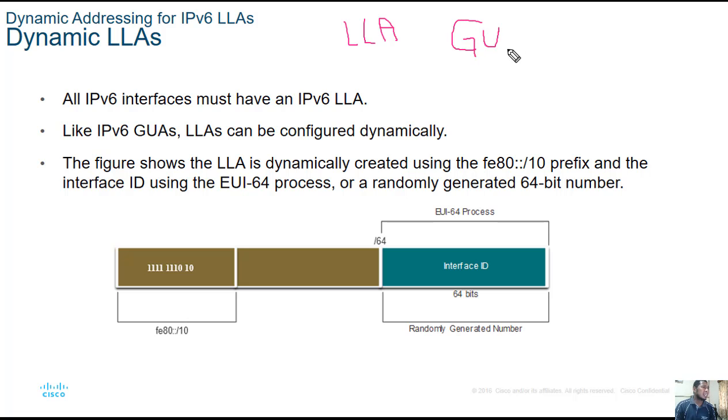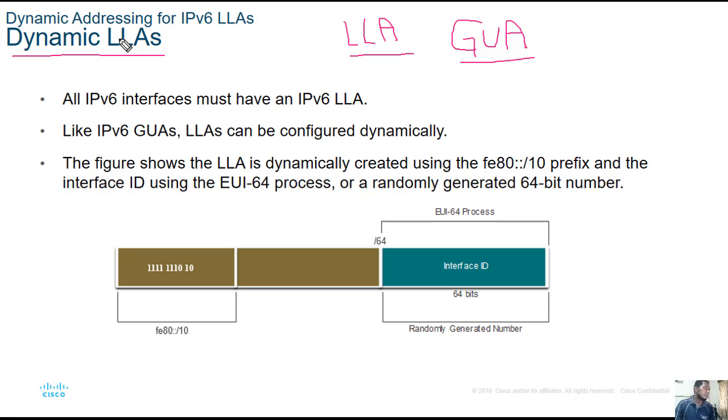However, using an LLA, IPv6 packets cannot be routed; they will need a GUA. So given that an LLA is a must for every IPv6 enabled interface, let's look at how a device picks up a link local address dynamically.